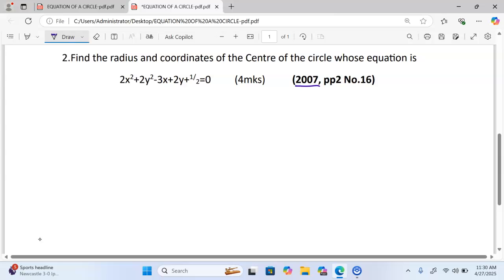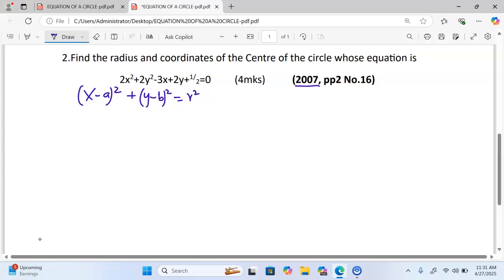Remember, the equation of a circle generally is given in the form of x minus a squared plus y minus b squared is equal to radius squared. So we are going to reduce the given equation of a circle into the general form, that is x minus a squared plus y minus b squared is equal to r squared, and we usually use completing square method.